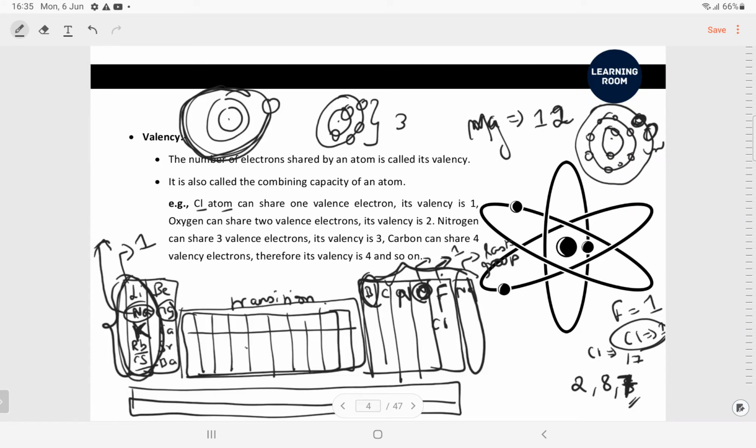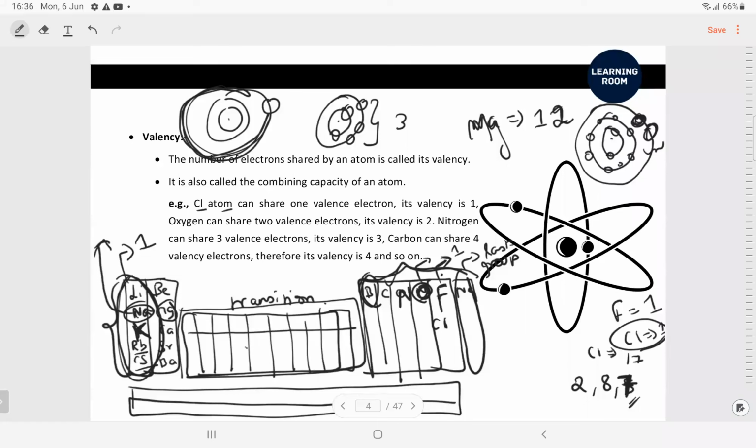There is only one quantity, nothing complicated. One electron can be given. So lithium, sodium, potassium all have one.